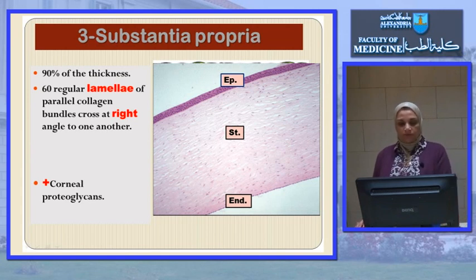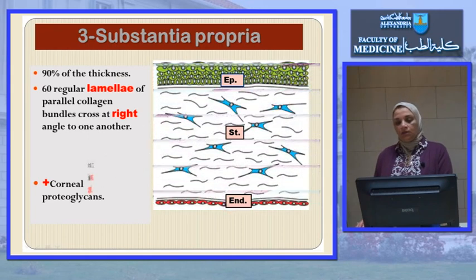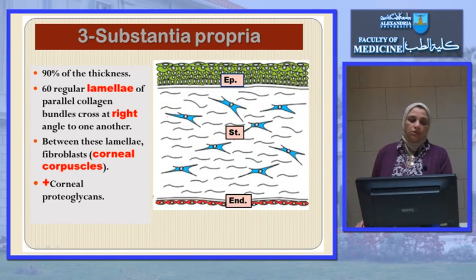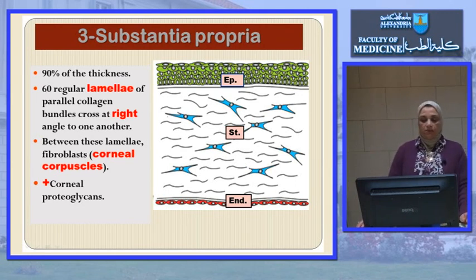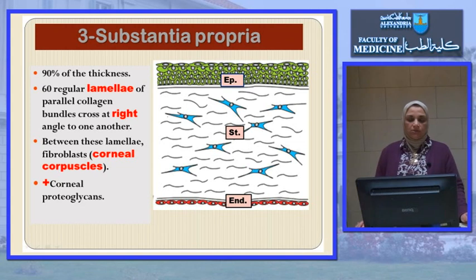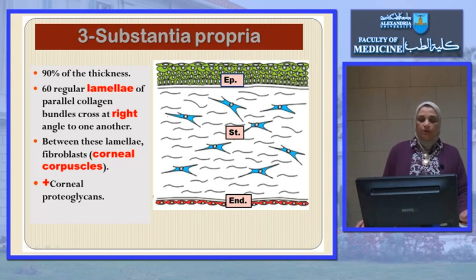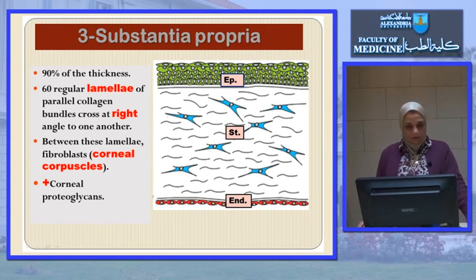There is ground substance in between these fibers, but the most important is the presence of cells among the collagen bundles. These are fibroblasts, but here we call these cells corneal corpuscles. According to the cornea, they are corneal corpuscles, but actually they are fibroblasts.